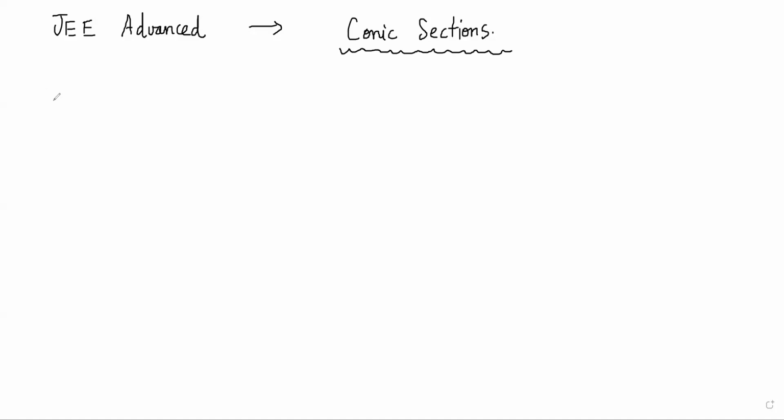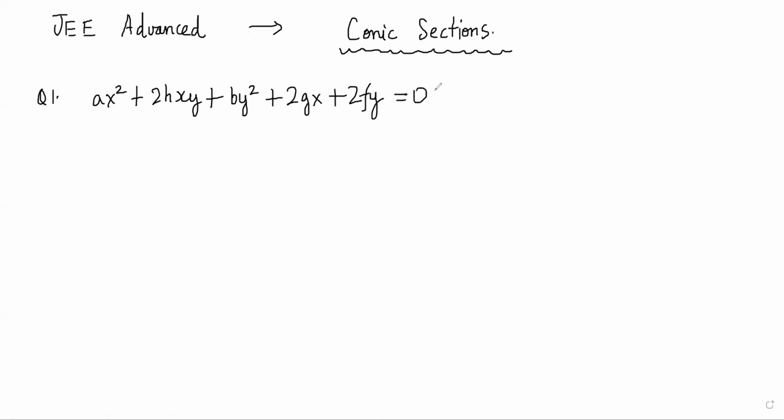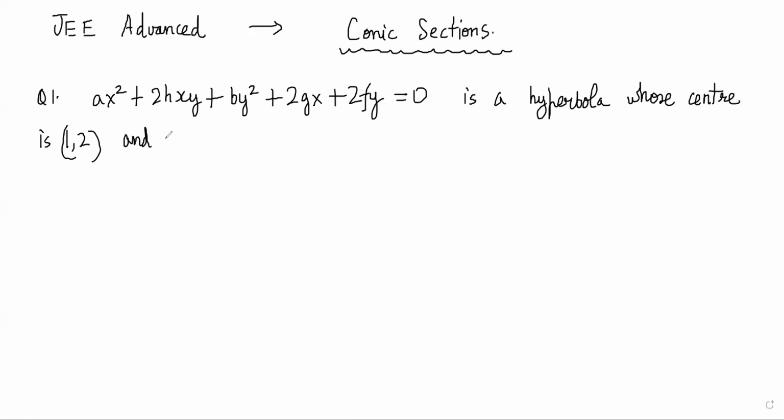So we start off with this problem. Ax squared plus 2hxy plus by squared plus 2gx plus 2fy is equal to 0 is a hyperbola whose center is 1 comma 2 and passes through 2 comma 4.